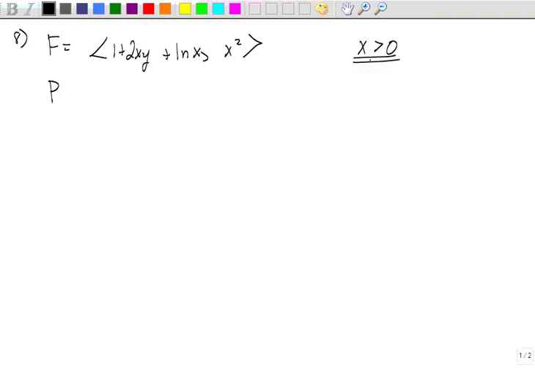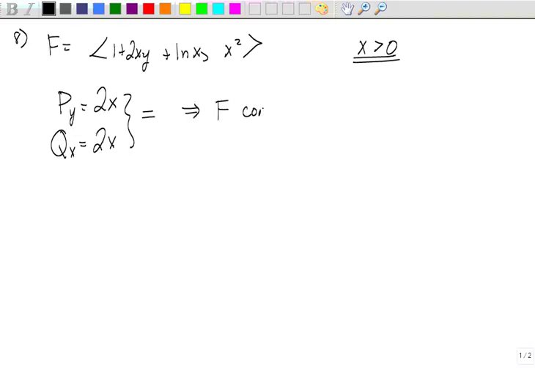Now that's an open, and it's a simply connected set if we stay to the right of the y-axis. So P of y is 2x. Q of x is 2x. They're equal, so that implies F is conservative.